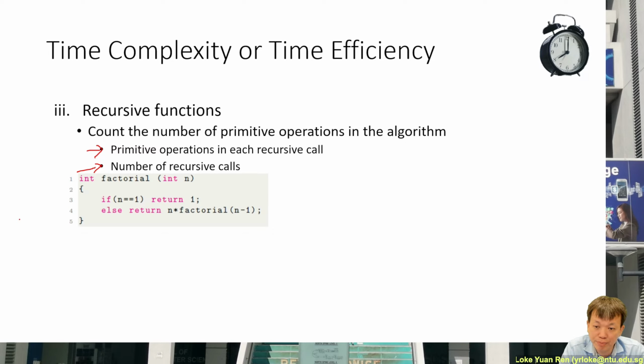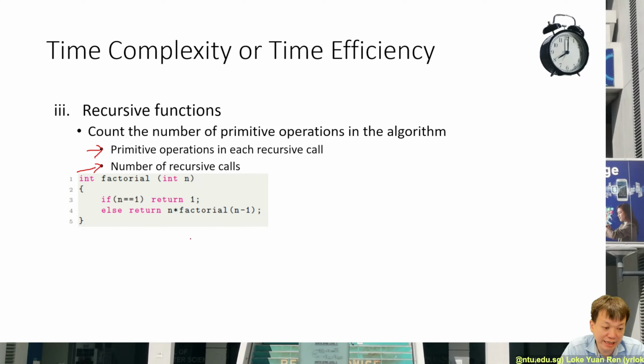So let me give you a simple example, same as the previous one. Instead of writing it in the iterative way, I am trying to calculate the factorial with a recursive approach. In this case, if it's the base case, n equal to 1, then you just return 1. If n is greater than 1, then you recursively call the same function again and again, reducing the problem size by 1 in each recursive call.